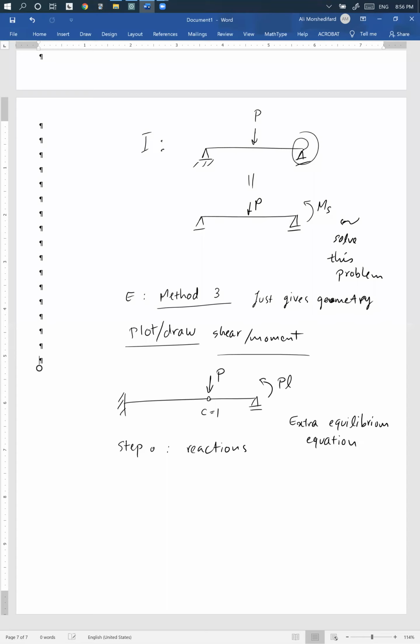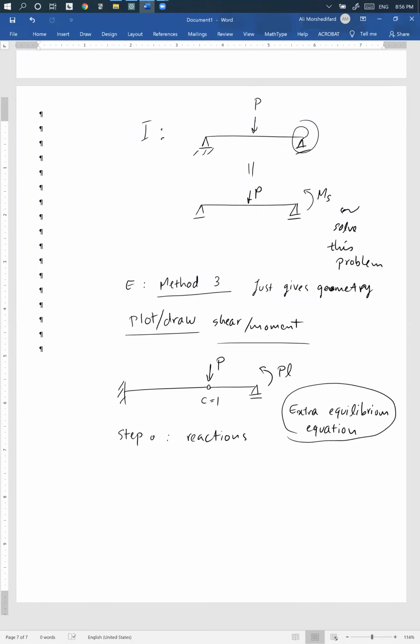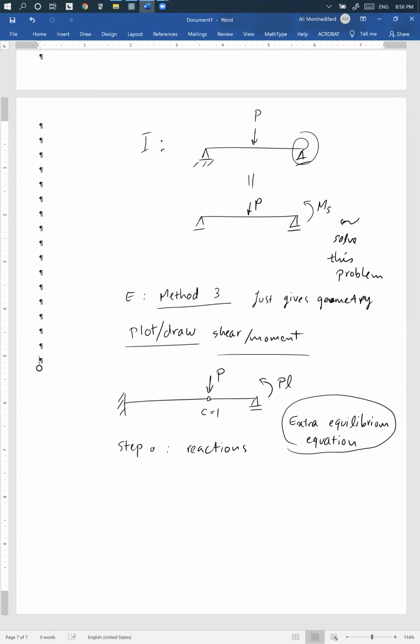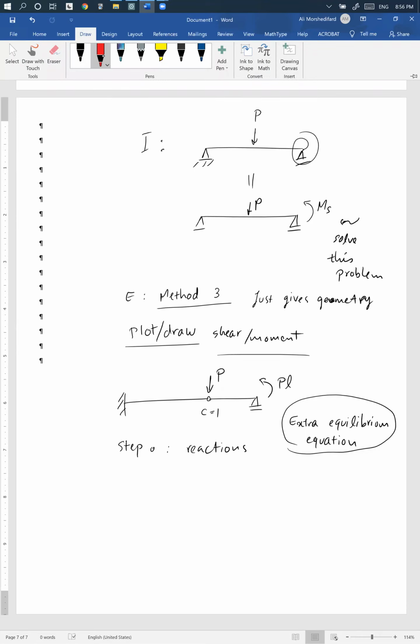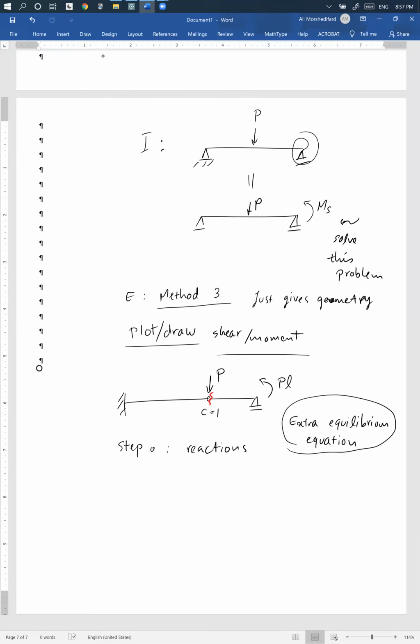So when we want to solve problems that have these constraints, we have to come up with a way to use these extra equilibrium equations to find our forces, right? How we usually do that is that we cut the structure at the place of these constraints. So I want to find the reactions, right?